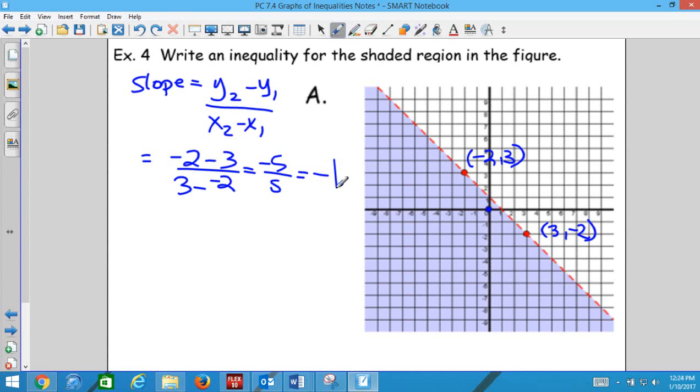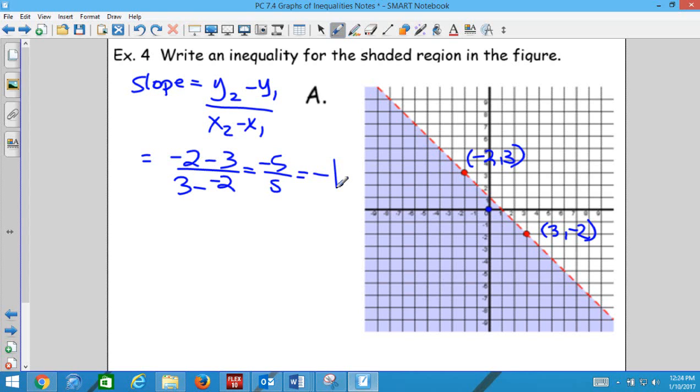Then once we have our slope, how do we find the equation of the line? What are you saying? I couldn't hear you. Y equals -x plus 1. That's the answer. And you did that short way by looking at the picture and finding your y-intercept.